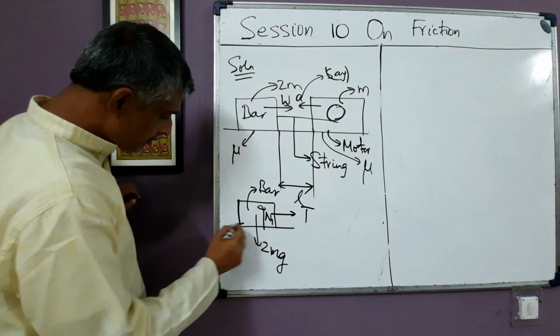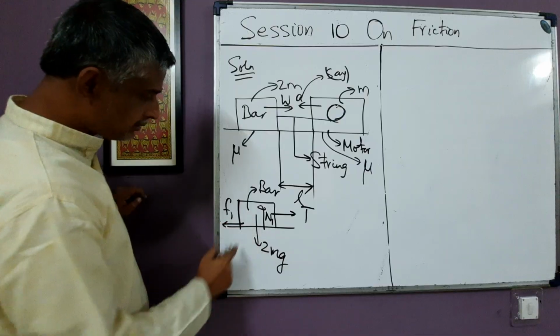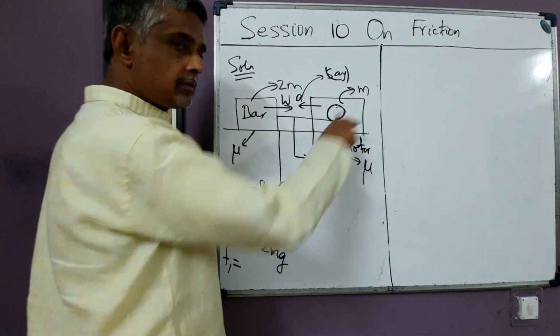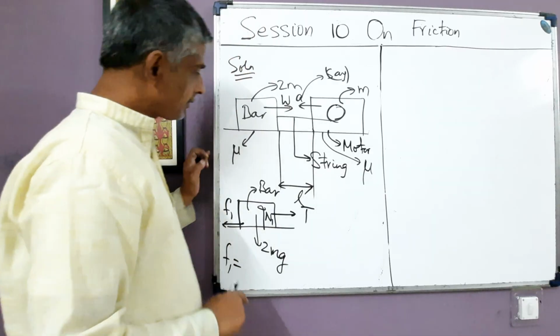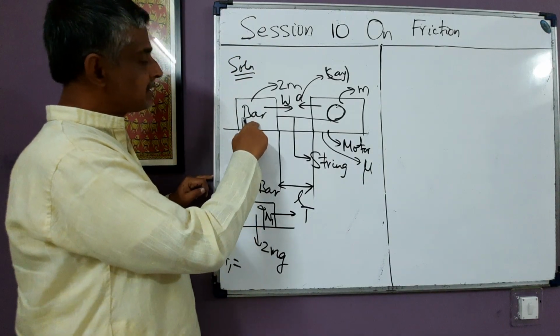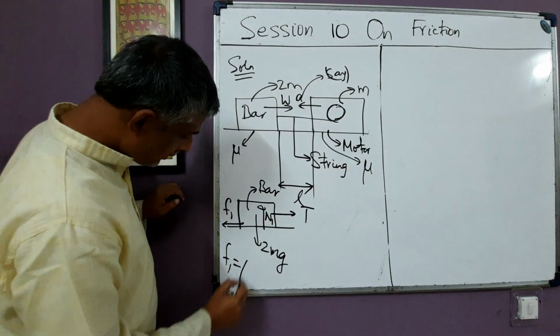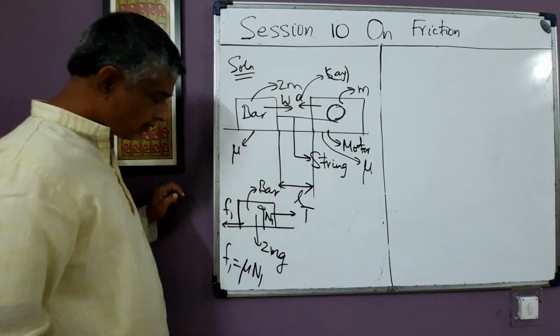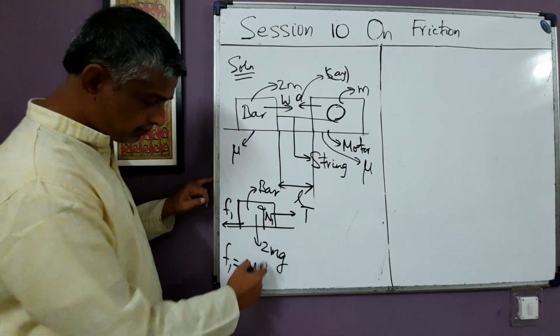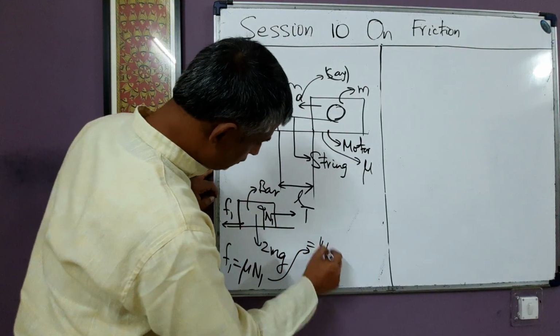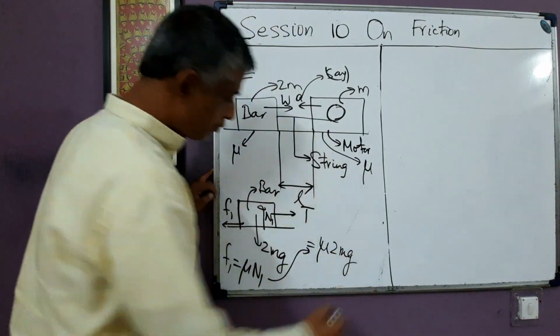Since slipping takes place with respect to ground, the ground will exert a friction F1 on the bar in the leftward direction. That is simply mu times N1. N1 is just equal to the weight of the bar, so F1 is mu into 2mg.